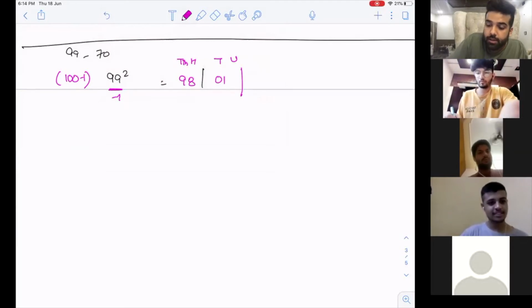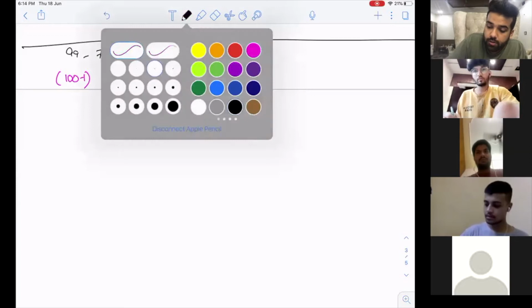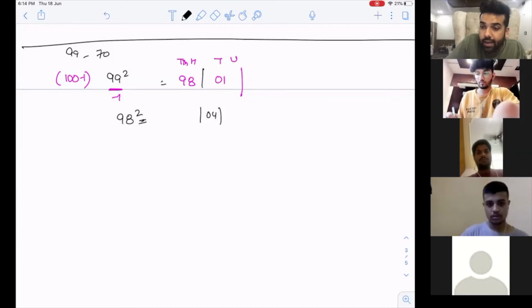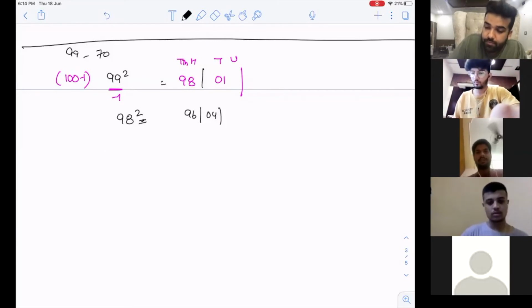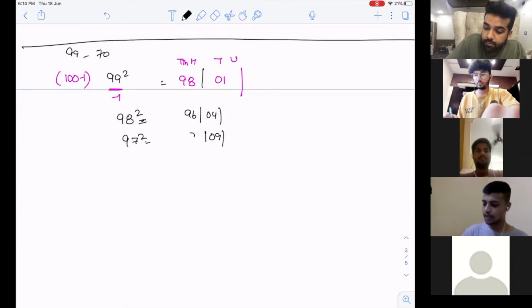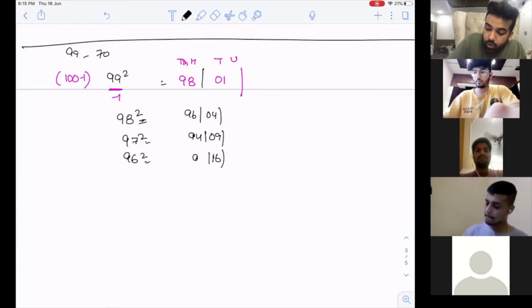Is it clear? Similarly, let's do it more. 98 square. Wherever you have a problem, please stop me. What is 2 square? 04. 98 minus 2? 9604. 97 square. 3 square is 09. 97 minus 3 is 94. 96 square. 4 square is 16. 96 minus 4 is 92, so 9216.